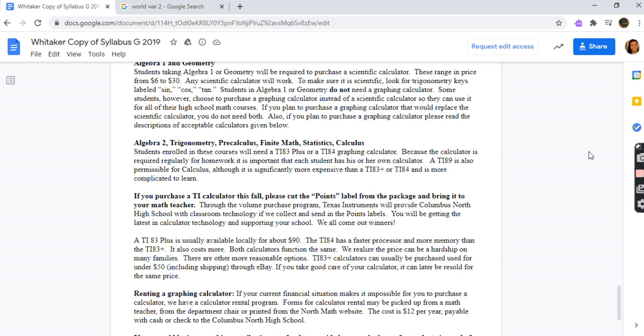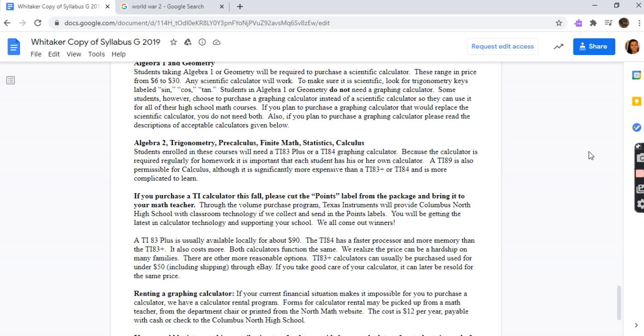We will come out winners. A TI-83 Plus is usually available for about $90. The TI-84 has a faster processor and more memory than a TI-83 Plus. It also costs more. Both calculators function the same.